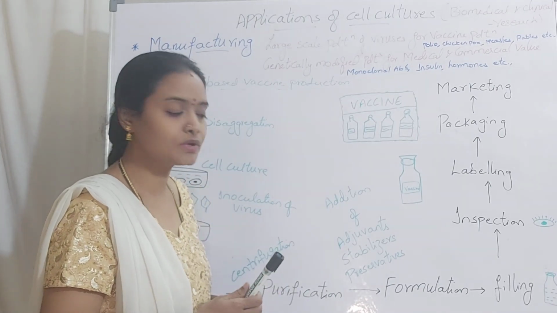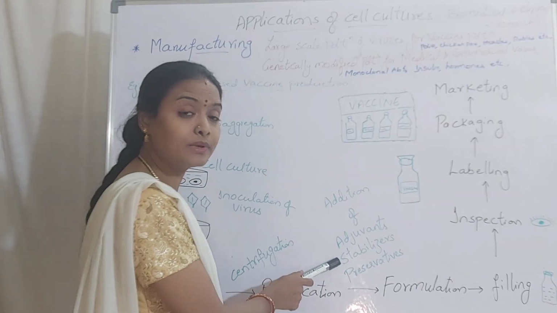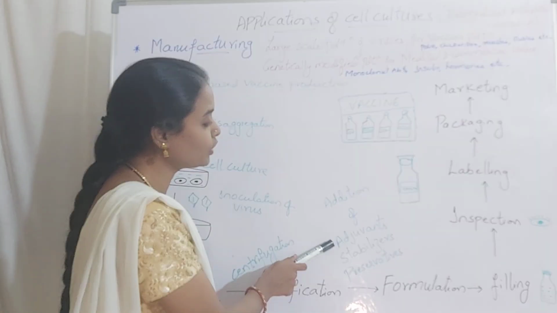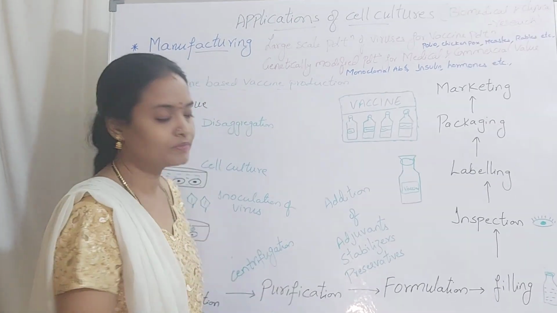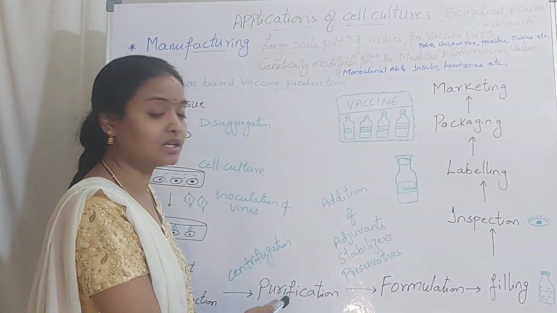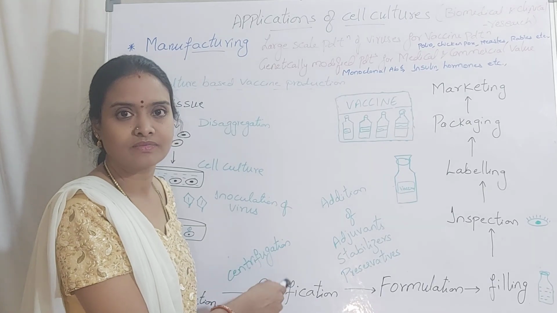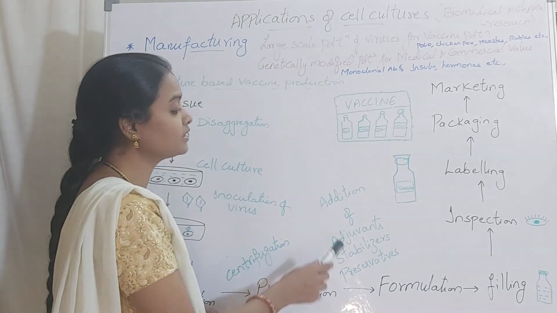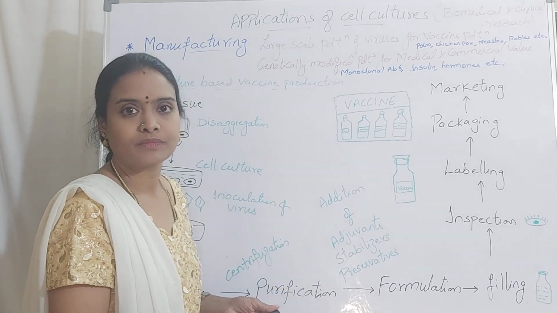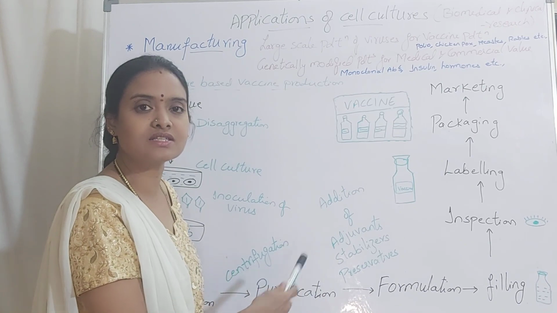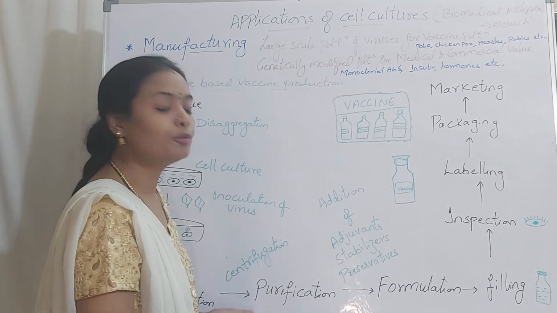What are you supposed to do? You add stabilizers and preservatives, and apart from that you add adjuvants also. Adjuvants enhance the activity of a particular vaccine or medicine, and increase the immune response.